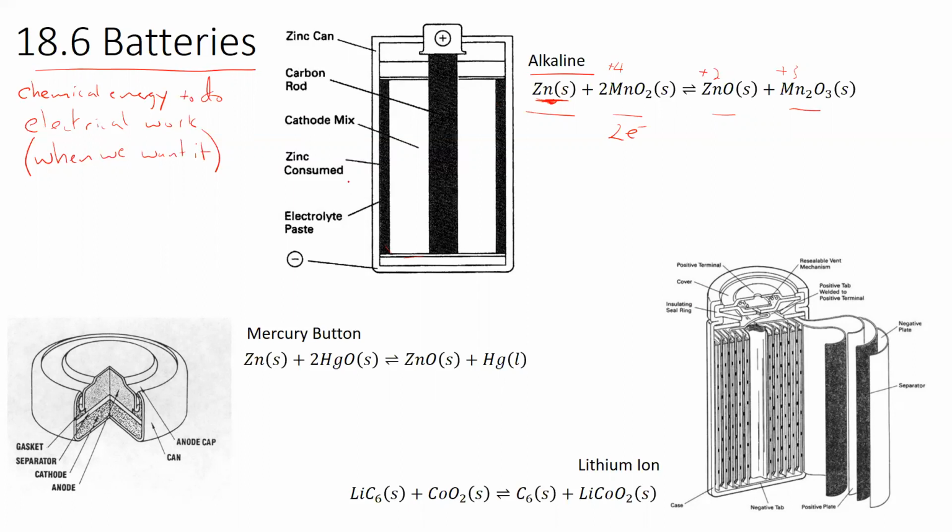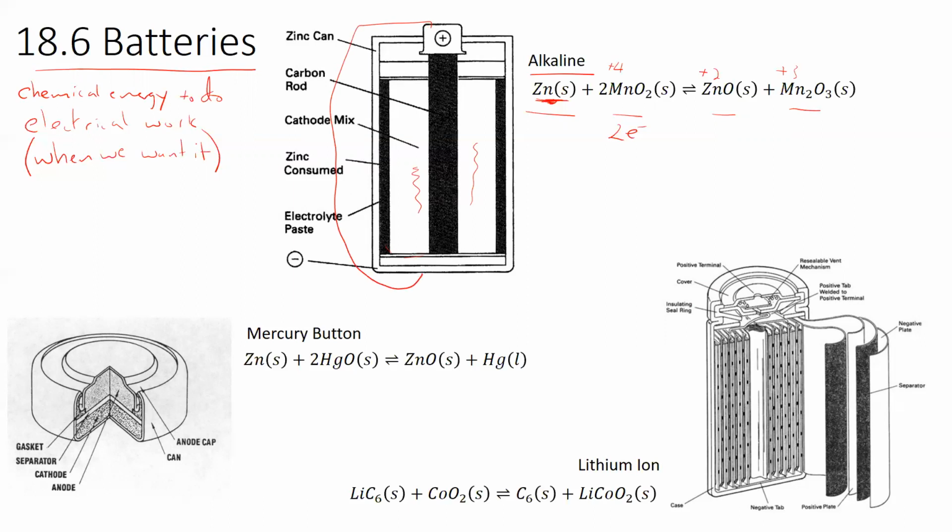And then on the inside of this, you'd have the other reactants as well. The way this works is you have this chemical reaction that's ready to go, and it doesn't actually start to proceed until you connect the wires there.